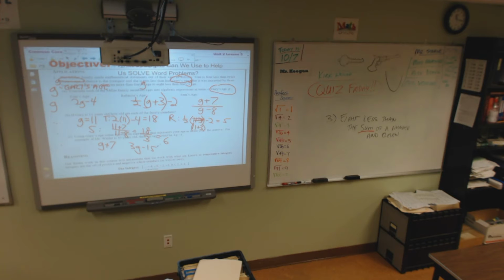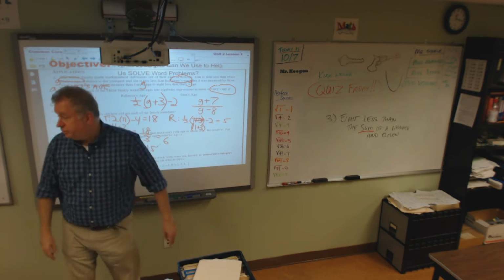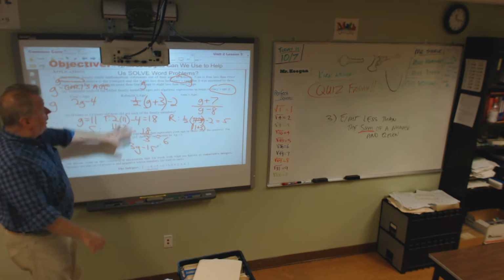And if they get a ton wrong, check minus minus. Or if somebody hands in one where they only did like 2 problems out of the whole page, put a check minus minus. All right, so we good with this?